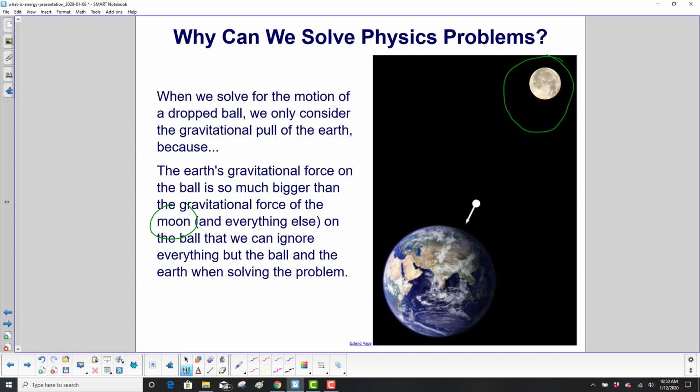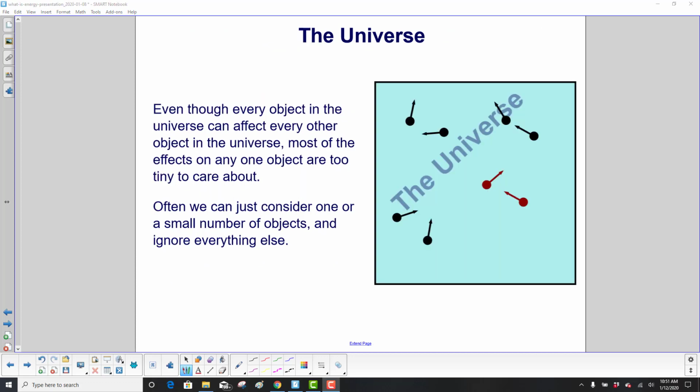But for just a ball falling from your hand, we don't have to worry about the sun or the moon. Even though every object in the universe can affect every other object, because the force of gravity is theoretically infinite, most of the effects on any one object are too tiny to care about or measure. Often we can just consider one or a small number of objects and ignore everything else.